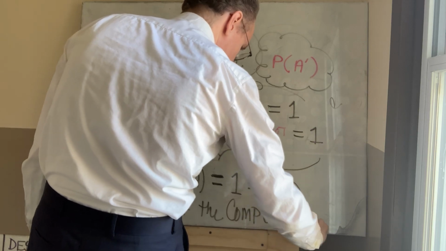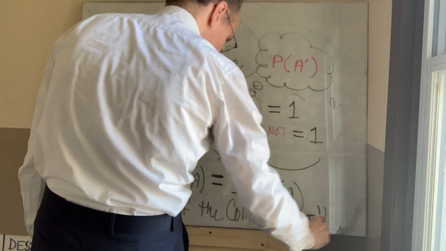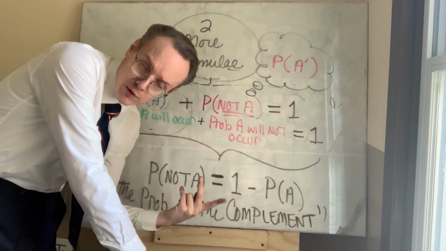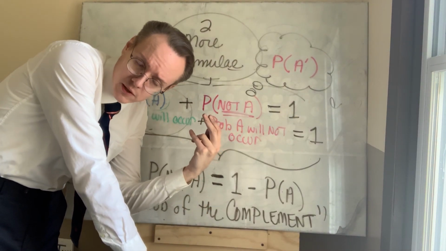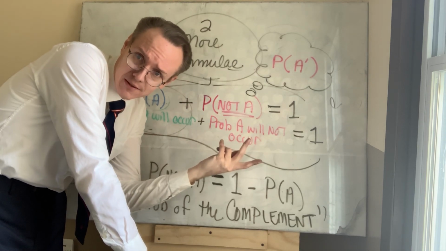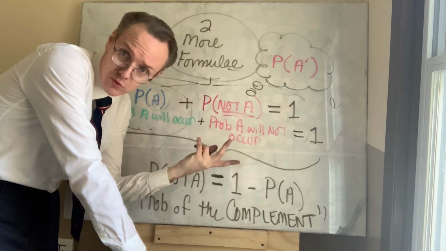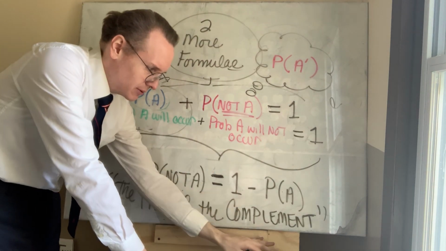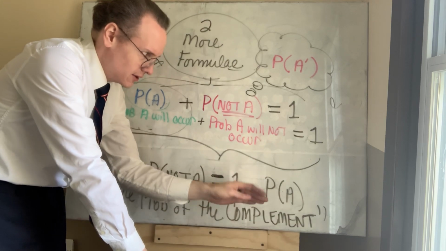If you've ever seen geometry, you've probably heard this term before, complement. Two angles are said to be complementary when they work together, right? In which case, in terms of geometry, they add up to 90. Supplementary is another one, they add up to 180. The probability of a complement is two things working in tandem that equal 1.